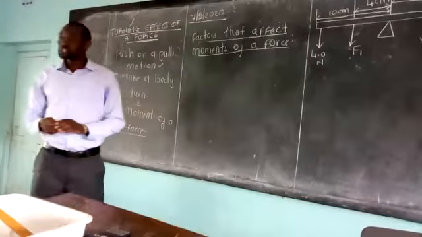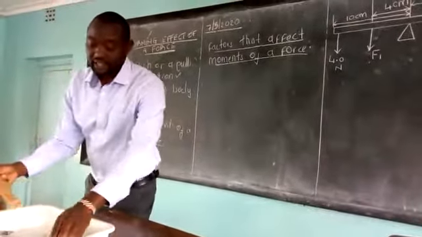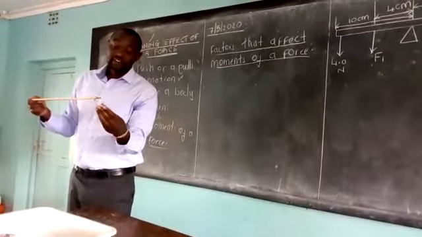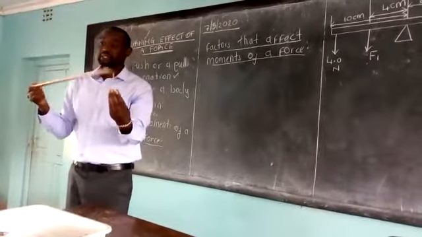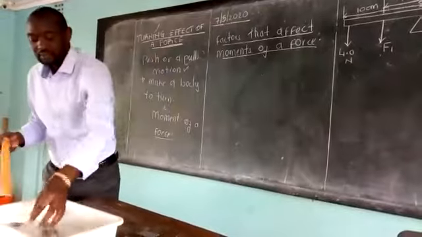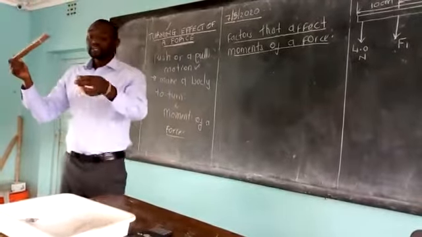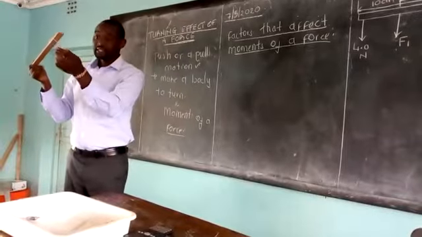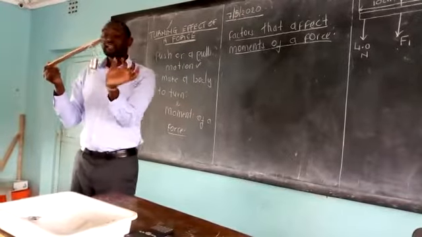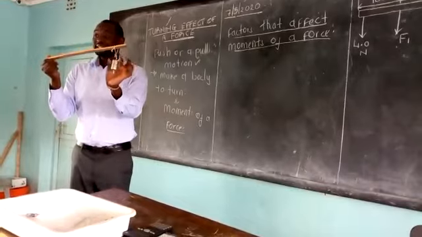I would like you to note two things here. When we have the half meter rule, this is the half meter rule, and this is the mass. The mass is applying the force at this point.